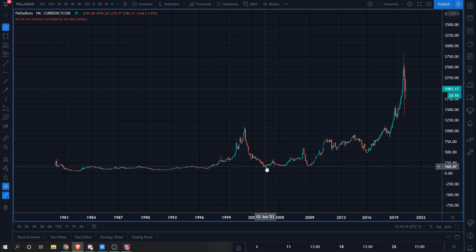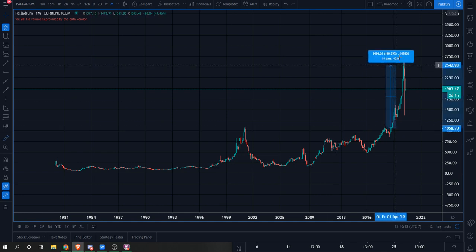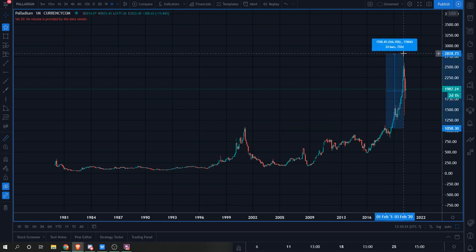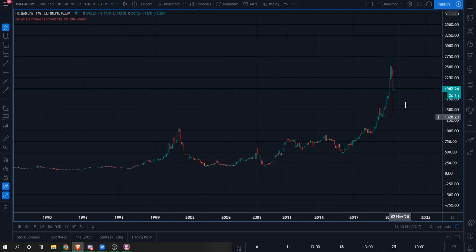And then we got a correction all the way back down to the lows, and then we slowly ground up here, creating a nice base. Once we broke that high of $1,000, we skyrocketed over 160% to 2,800, and now we're coming back and consolidating here, which looks like a normal correction after the huge dump we had due to the COVID liquidation event.